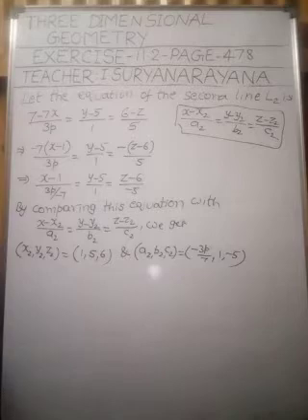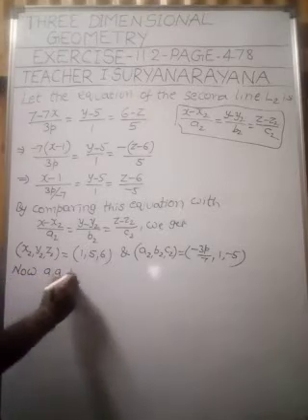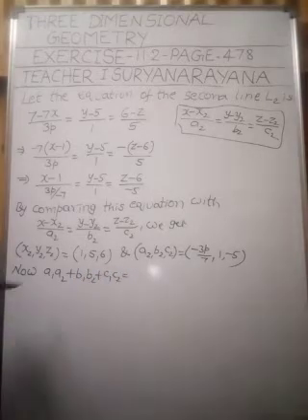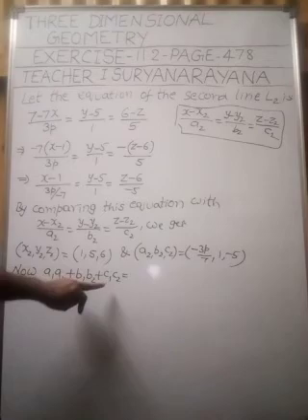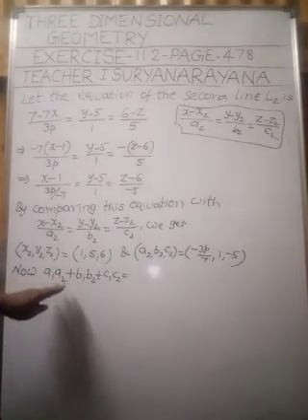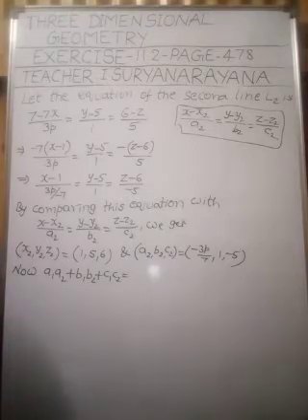Now let us find the value of the expression a1 a2 plus b1 b2 plus c1 c2, because two lines are perpendicular to each other if a1 a2 plus b1 b2 plus c1 c2 is equal to 0, where a1, b1, c1 and a2, b2, c2 are the direction ratios of the two lines respectively.